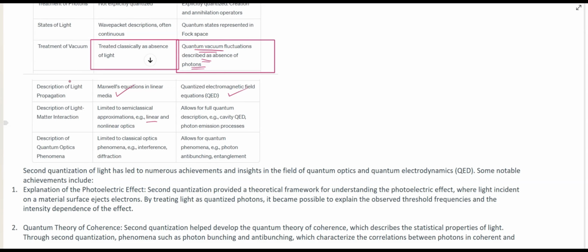So these are the light-matter interactions that we can describe, and these are the ones in the second quantized form. These are a few phenomena which we can describe using second quantization, for example, photon anti-bunching, which we will come to later, entanglement, and so on.